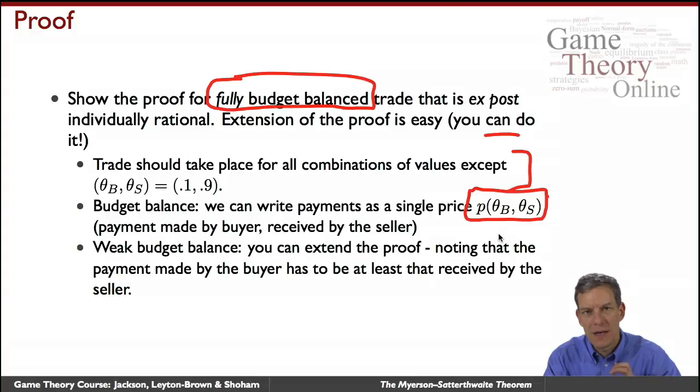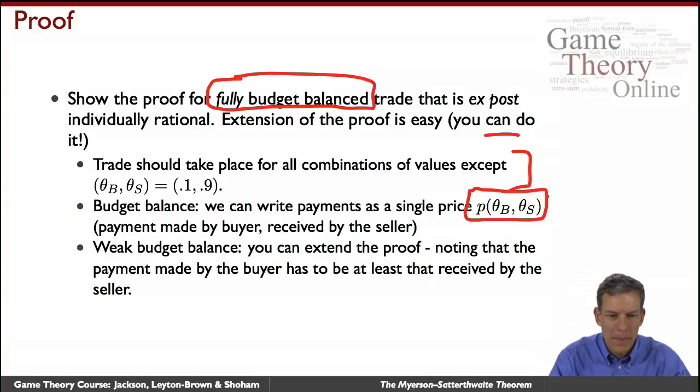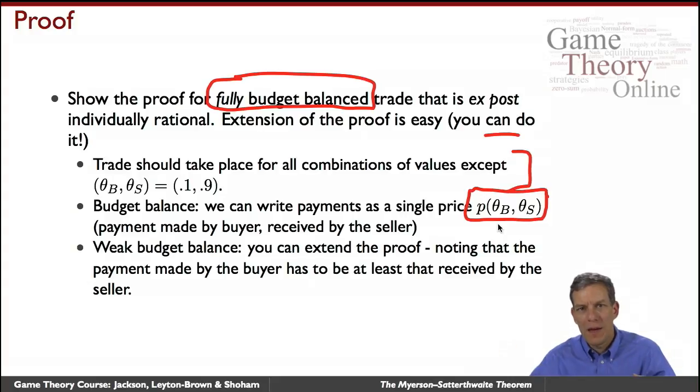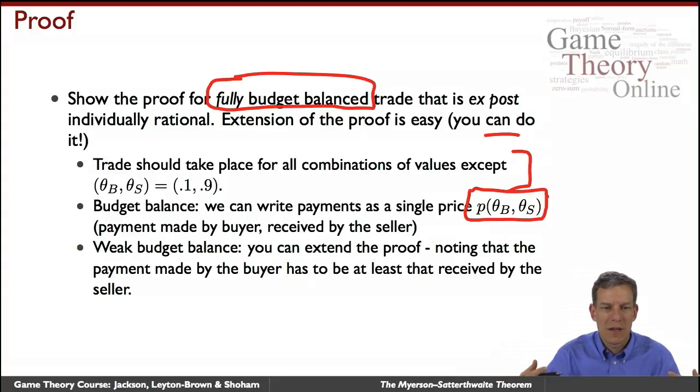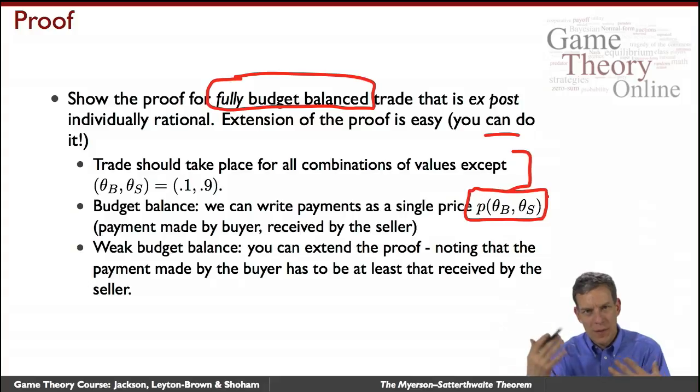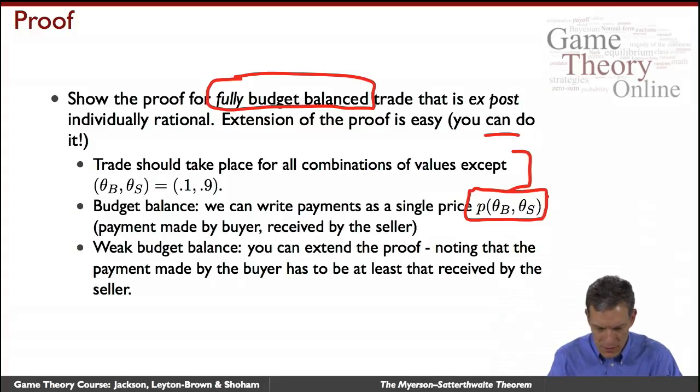This is the price paid from the buyer to the seller. And with weak budget balance, now you're going to have two prices, one paid by the buyer, the other received by the seller, and the payment made by the buyer is always going to have to be at least the payment received by the seller, and you'll see quite easily that that'll bound these things, so everything we say in the proof will work through for that case.